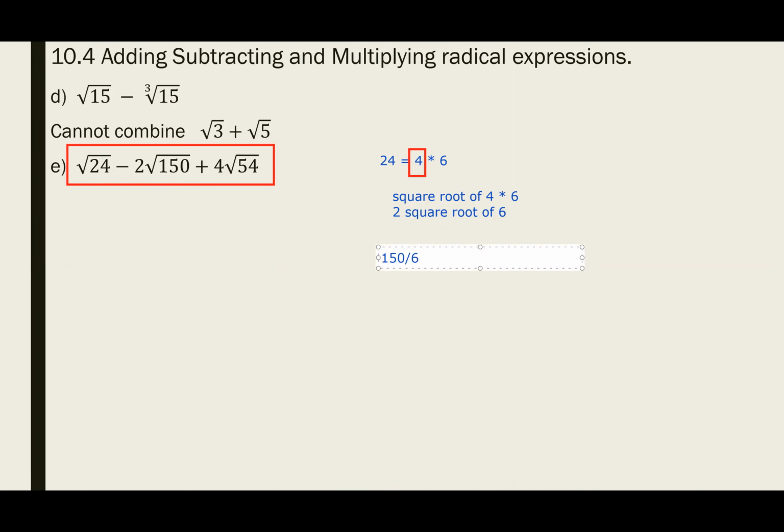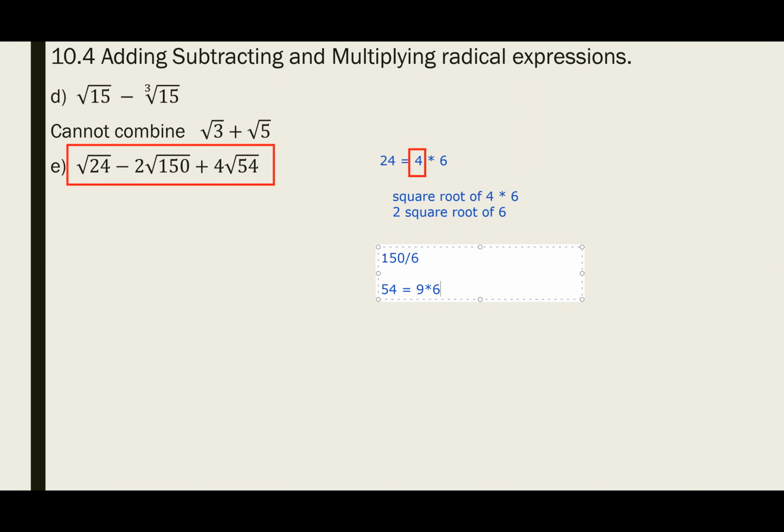That's the reason: if one number has a square root of 6 left over, then mostly, and hopefully you guys see it right here, 54 is the same as 9 times 6, right? That's 54. And why do I attack using the 6? Because the 24 has a remainder of 6. The 54 should have a remainder of 6, and 9 is a perfect square. So we're good to go.